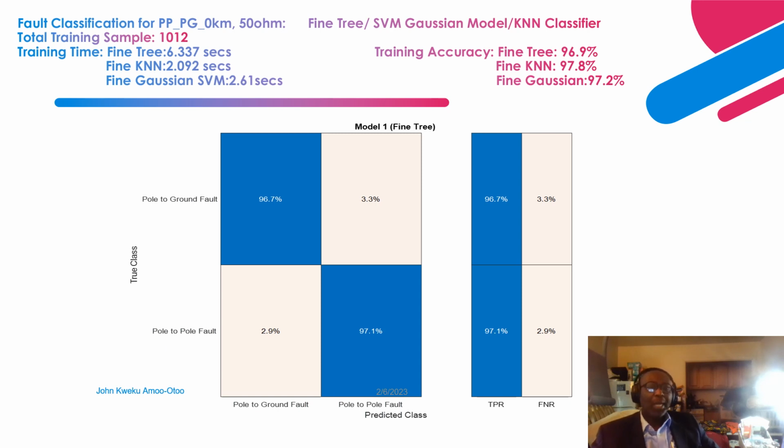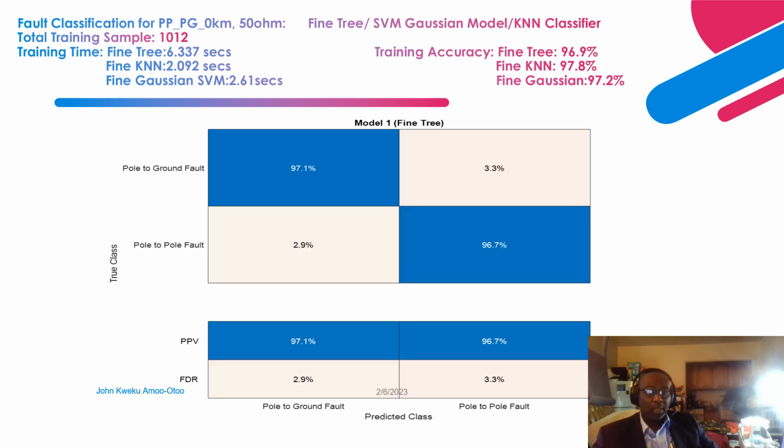Now let's take a look at the confusion matrix. The vertical axis of the matrix is your true class, which is your actual data. Then on the horizontal axis is your predicted class, that is what you want to achieve.